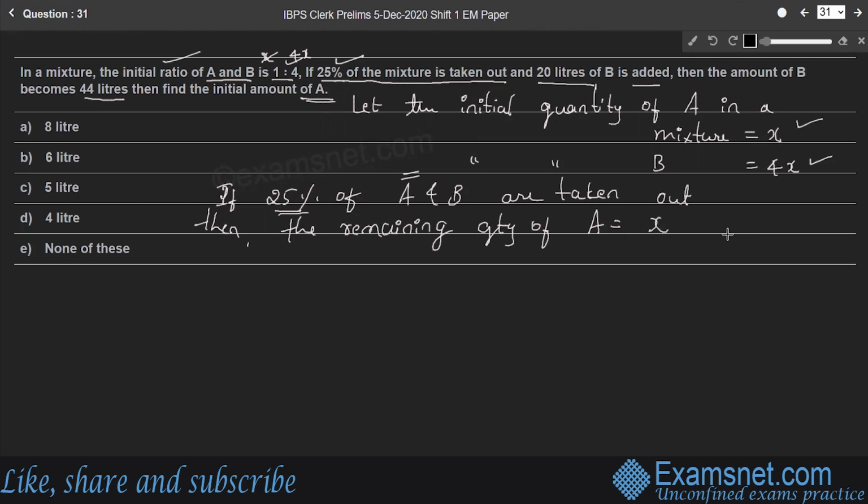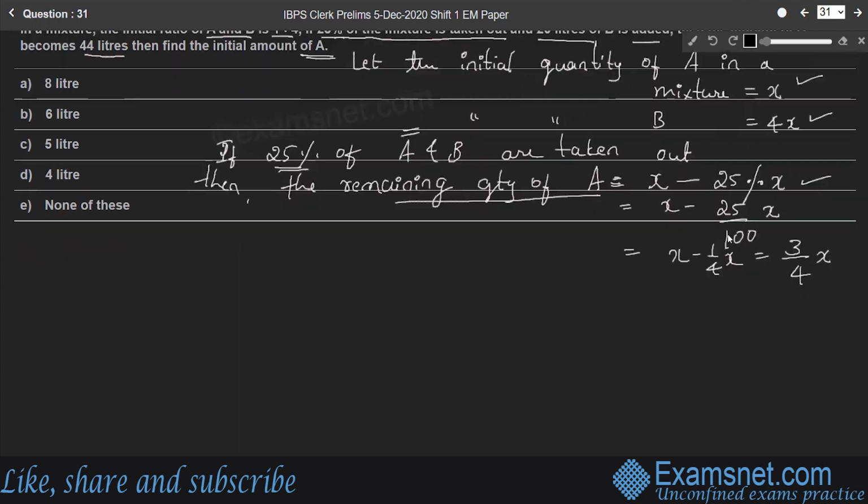Its initial quantity minus 25% of initial quantity is taken out, right? So the remaining quantity becomes X minus 25% of X, right? So what is 25% of X? 25 by 100 into X, which is 1/4X. So X minus 1/4X becomes 3/4X. So the remaining quantity of A is 3/4X.